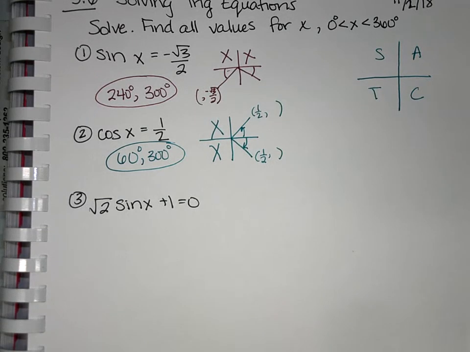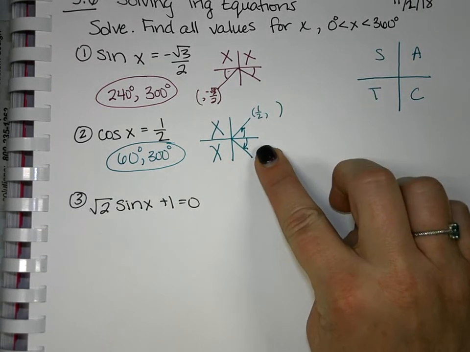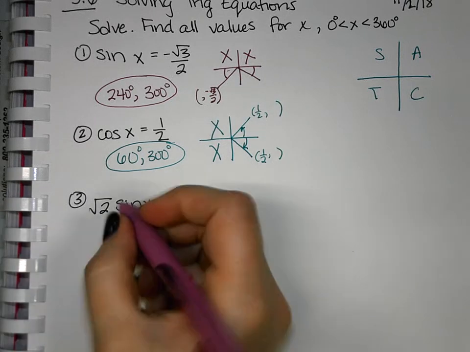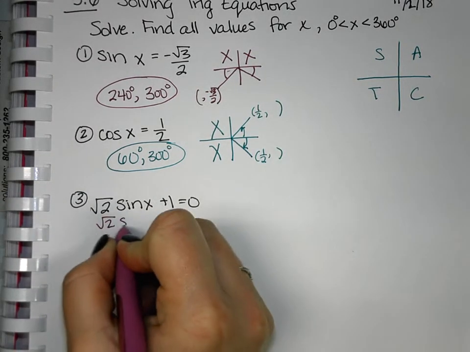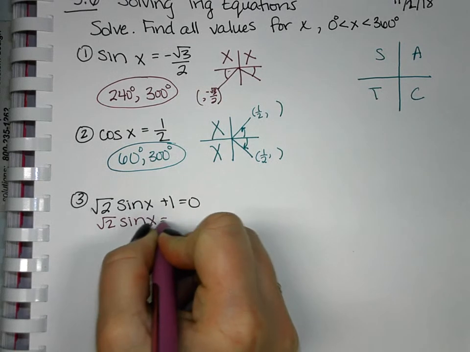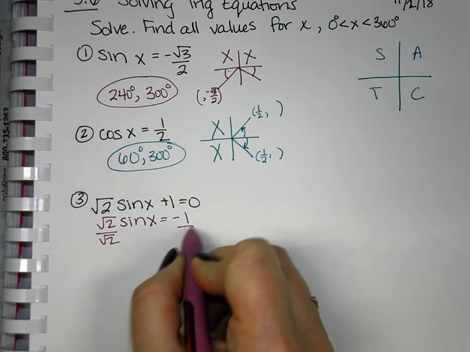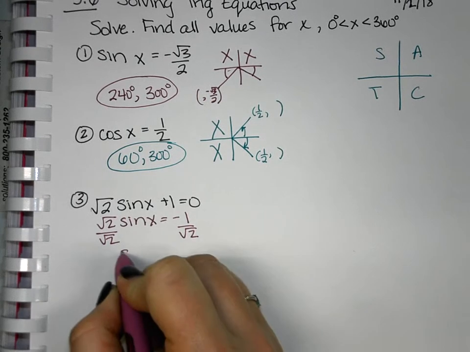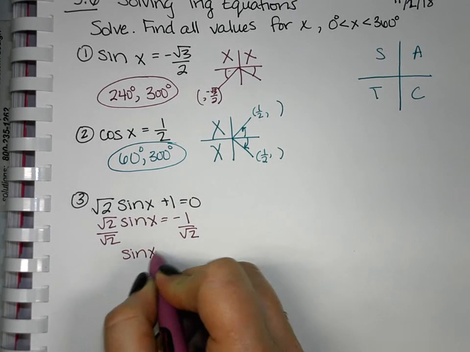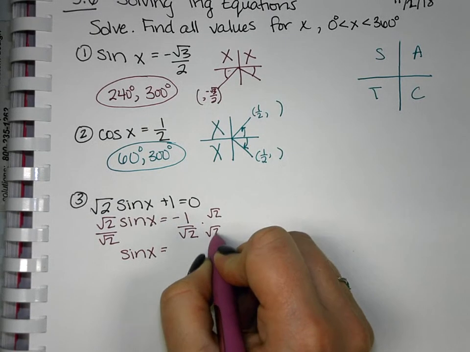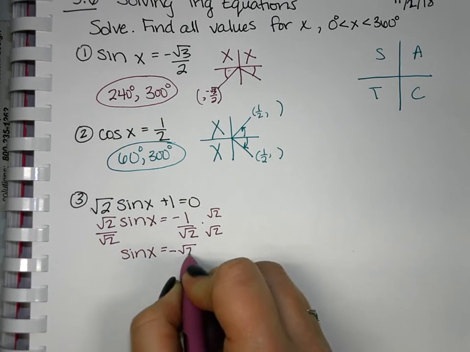Before we can get to the quadrants, we have to get the trig function by itself. So I'm going to start by subtracting 1 from both sides, so I get negative 1. Then I need to divide both sides by root 2, and this is where it's helpful to rationalize so that it matches our unit circle. So we have negative root 2 over 2.